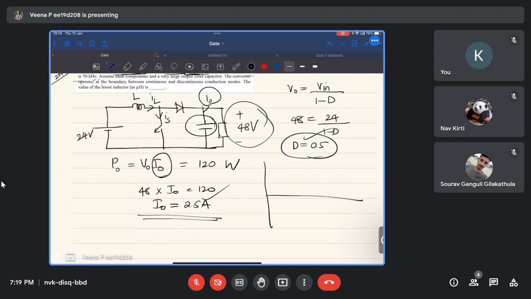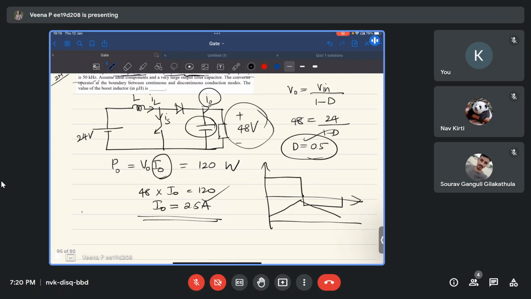So you know that when the voltage across the inductor is positive, the current through the inductor rises. And when the voltage across the inductor is negative, the current through the inductor falls. So in this case, the inductor is operating at the boundary of CCM and DCM, which means the minimum inductor current is 0.